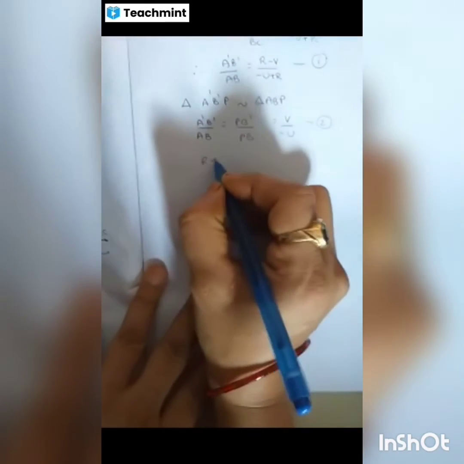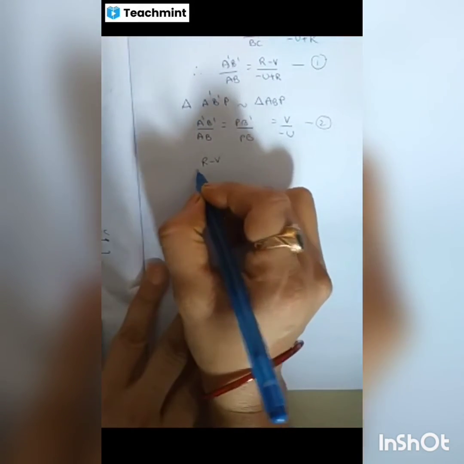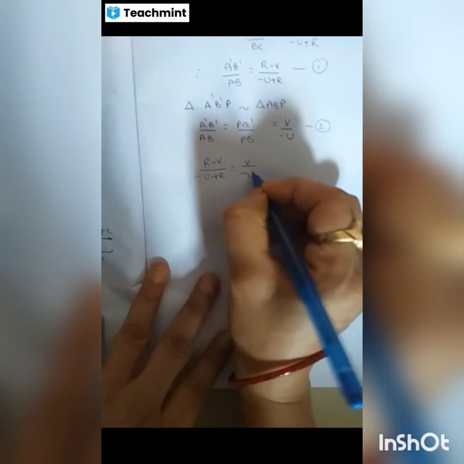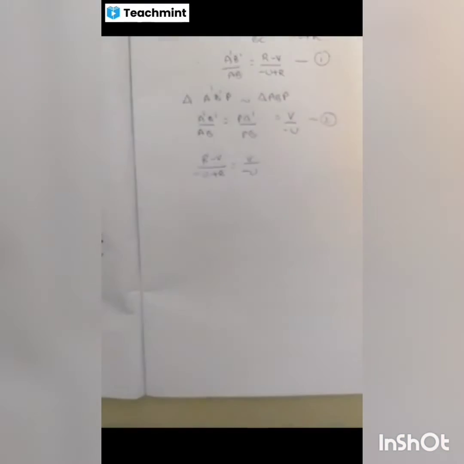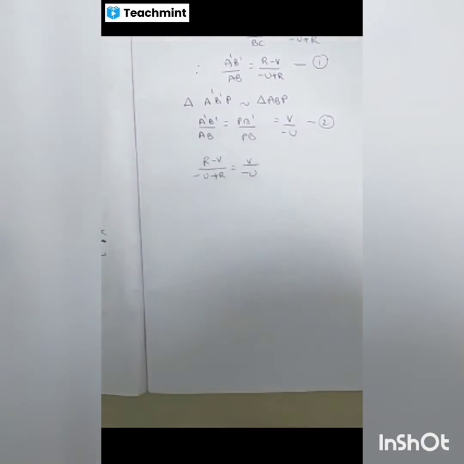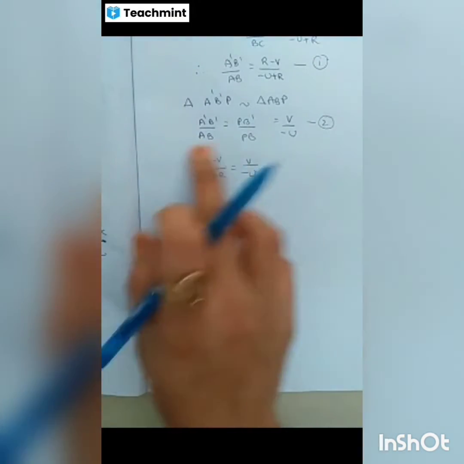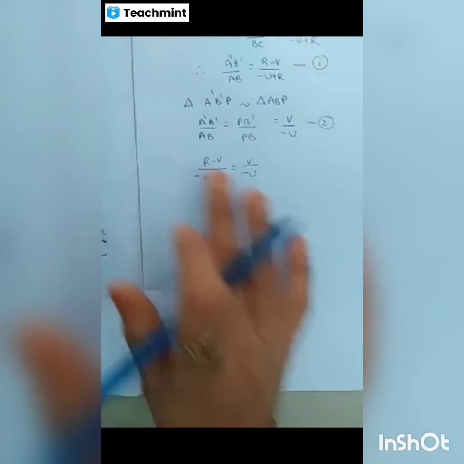That means R minus V by minus U plus R is equal to V by minus U. Always we have to remember what we are doing and why we are doing it. What do we need? We need F. We have not got F here, but we know R is equal to 2F, so we got F here already.